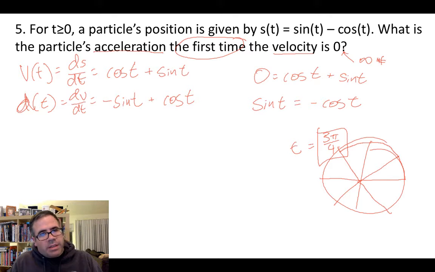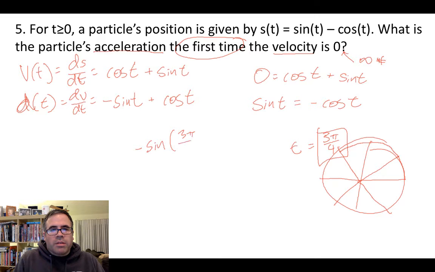But that's not the answer. The answer is, what is the acceleration when t is 3 pi over 4? So we go back to our acceleration. We want the negative sine of 3 pi over 4 plus the cosine of 3 pi over 4.